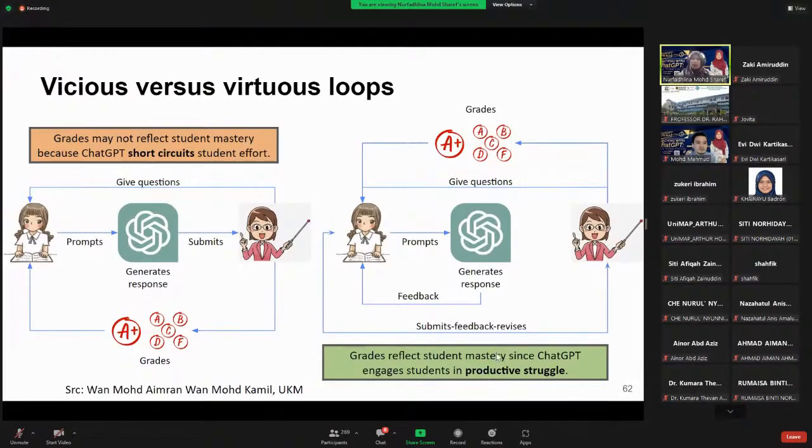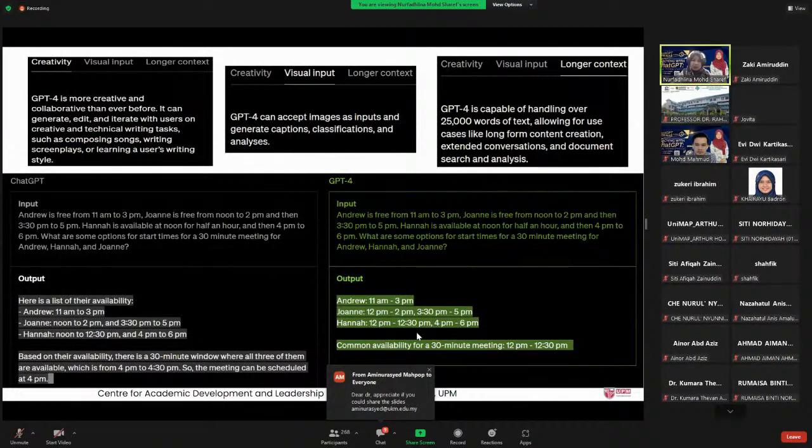That means the quality of the question and the instruction that we give them will allow them to struggle productively, not easily copy and paste from ChatGPT. And GPT-4 is now available, and it is said that its creativity, visual input, and longer context ability are now improved. So imagine, it will only get better.